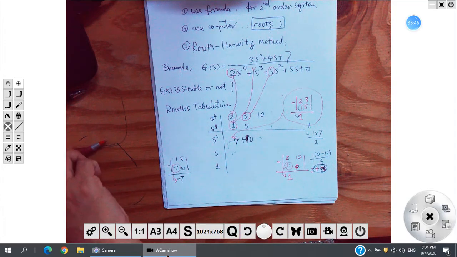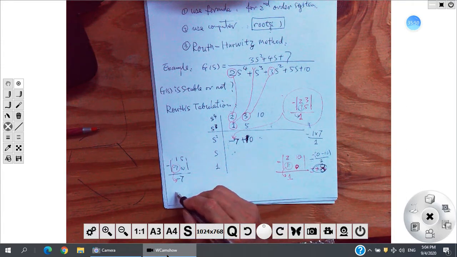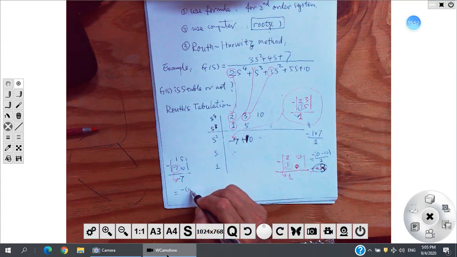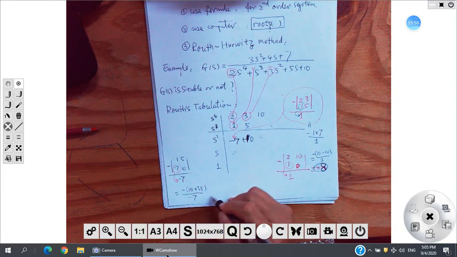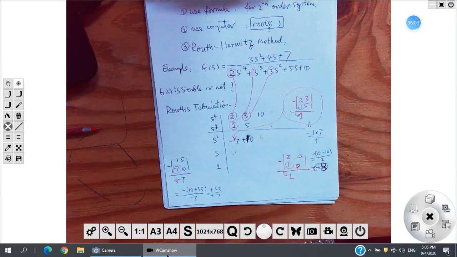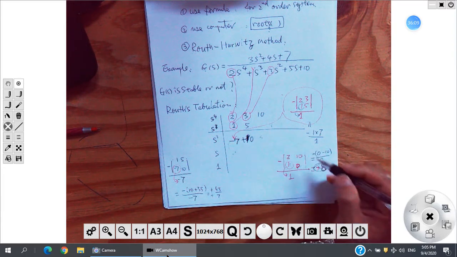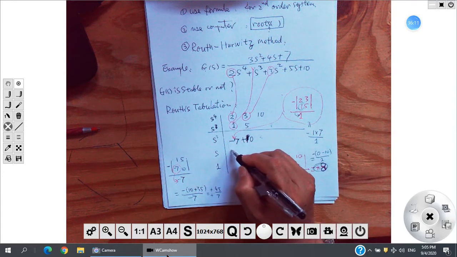Alright. Then the result is the negative of 10 plus 35 over -7. So the negatives cancel, 7. This is 45. Should I leave it or divide it? Yeah, I just leave it. This is a positive 45 over 7.